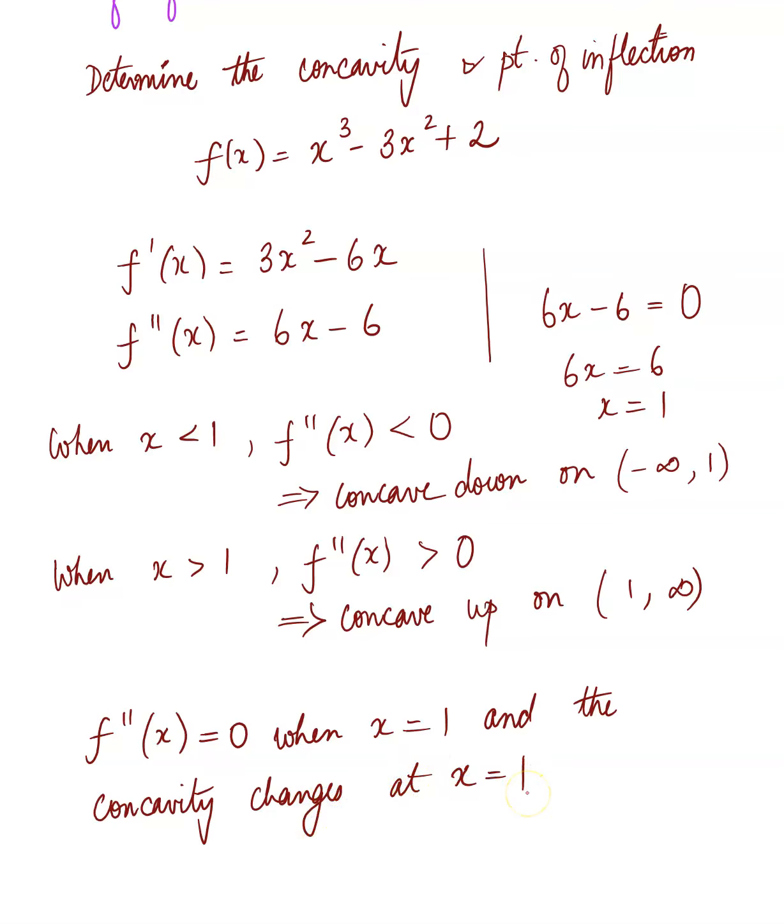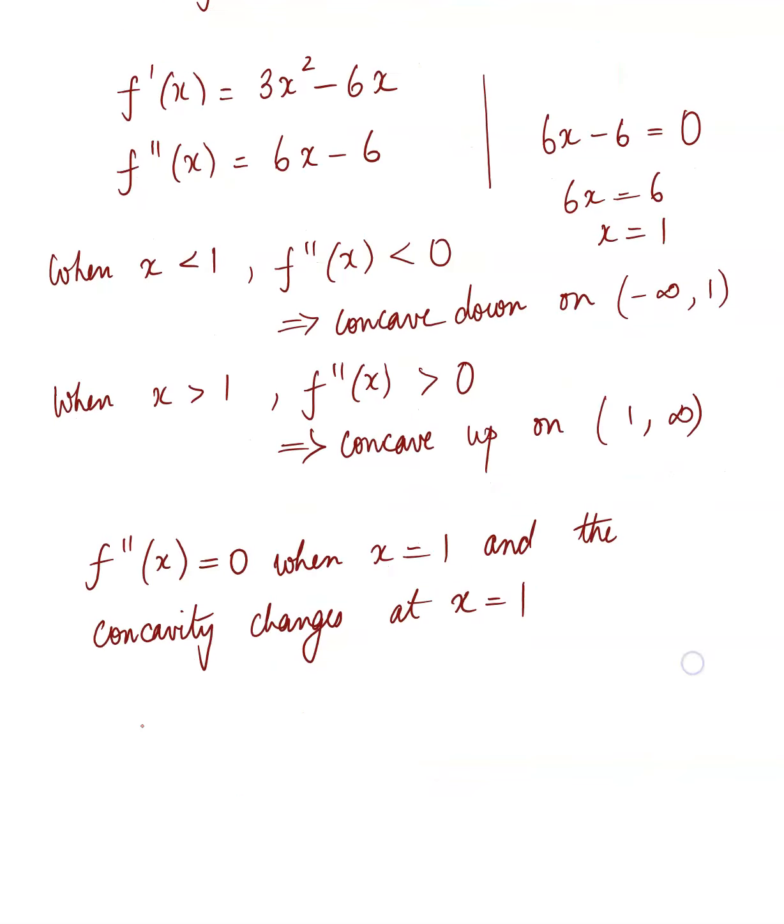It changes from concave down to concave up, which implies there is a point of inflection at x equals 1. So you can go further and find the coordinate for that.